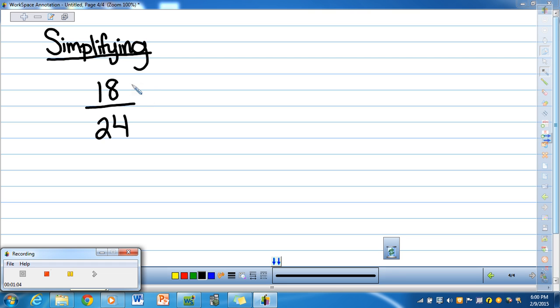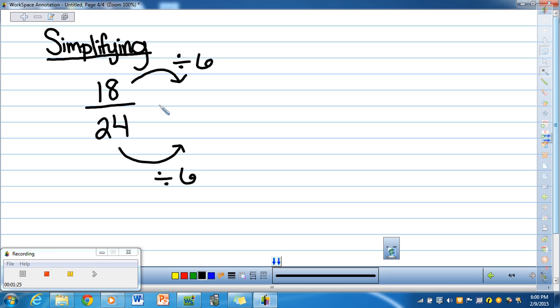We could simplify this fraction by finding a common factor that we could divide both the top and bottom numbers by. Both 18 and 24 are divisible by 6. So we can simplify this fraction into 3/4.